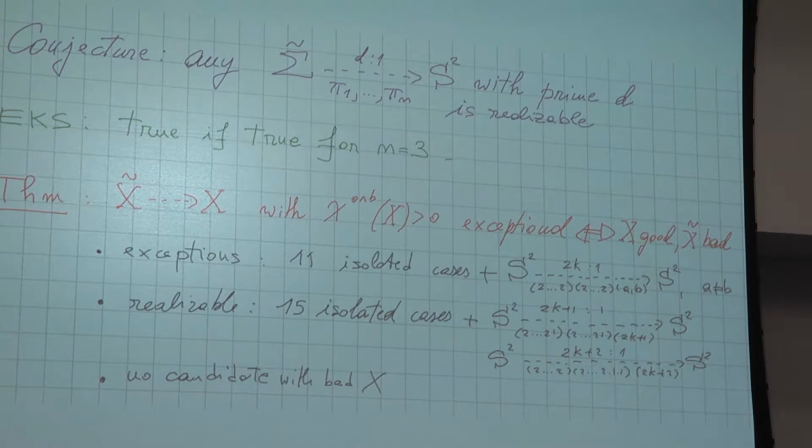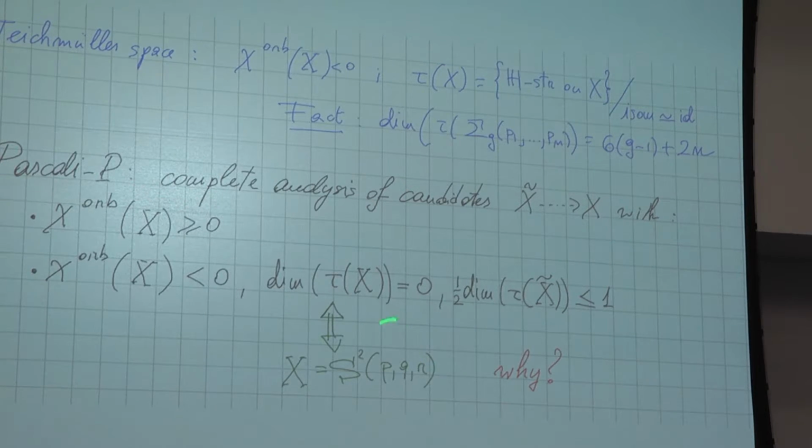What Kulkarni and Stone prove is that to prove the conjecture, you only need to do it for 3 branching points. So if your goal is to prove this conjecture, you can restrict to n equal 3, and hence to the case where downstairs you have this orbifold.